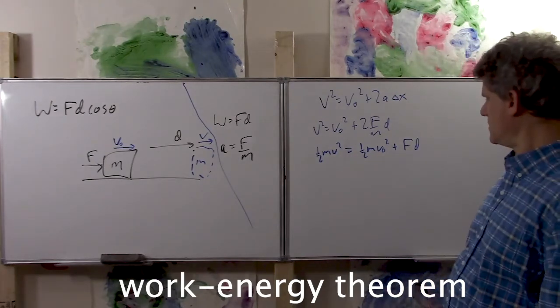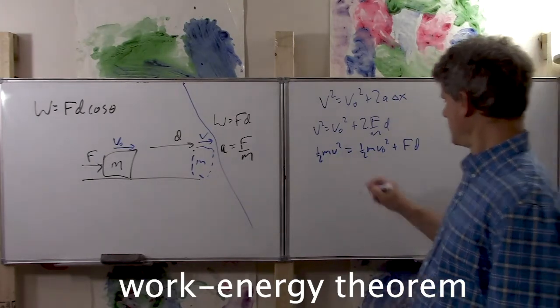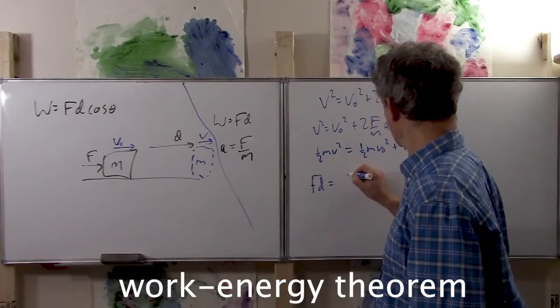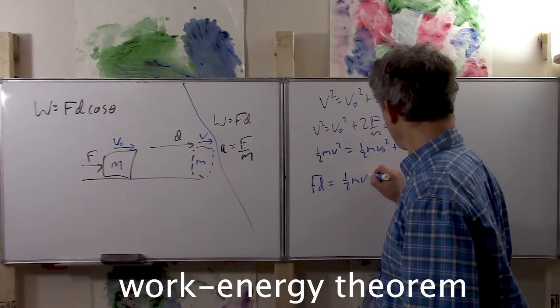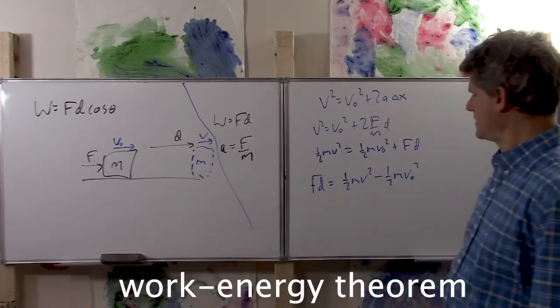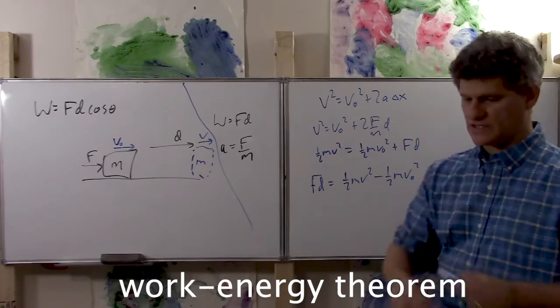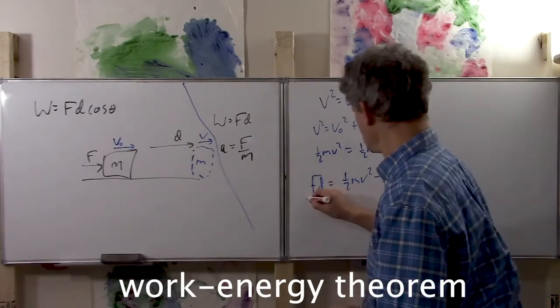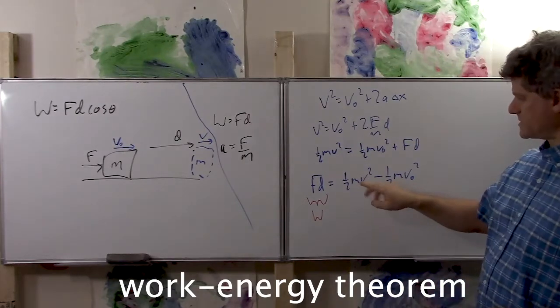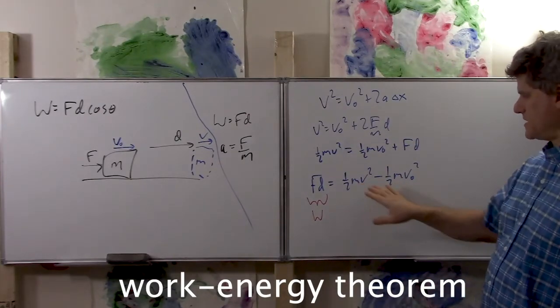And if I put Fd on its own, I'm going to get Fd equals 1/2 mv squared minus 1/2 mv0 squared. So notice that Fd is the work. So this is the work. And what's all this? This right side is clearly a difference in quantities that all look the same.